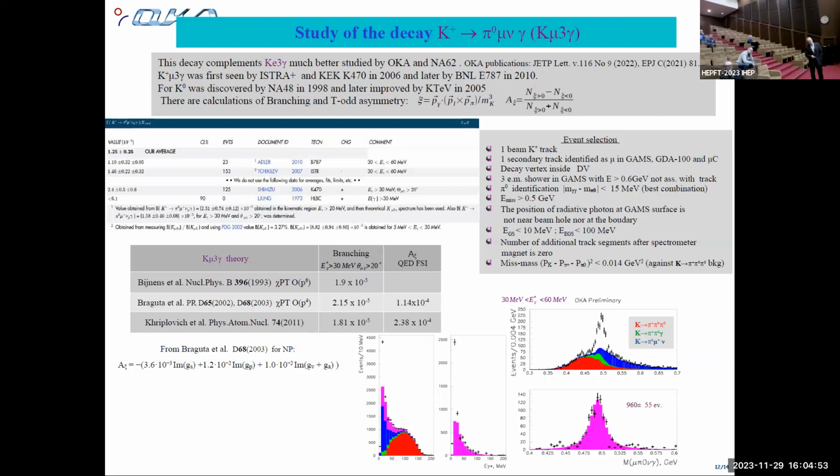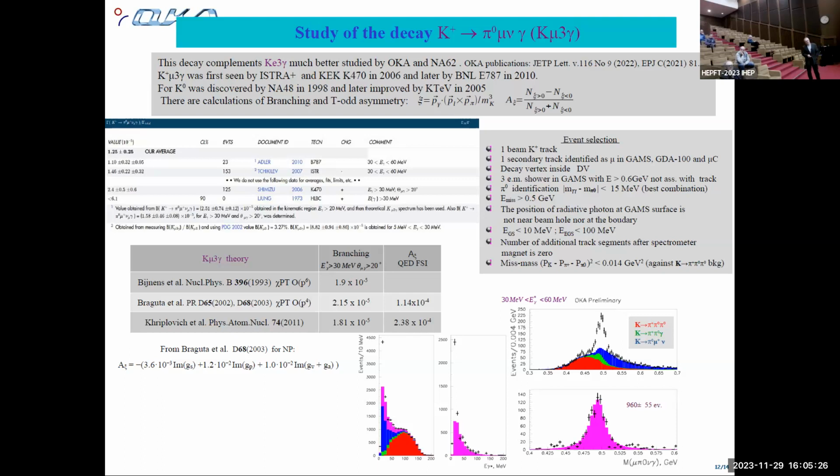The most important, actually the most troubling, I would say, is this green, which is radiative K pi 2, because it has a tendency to peak at the same place where the signal is located, and this is because pi plus can decay to muon neutrino, and then it's indistinguishable from the signal.